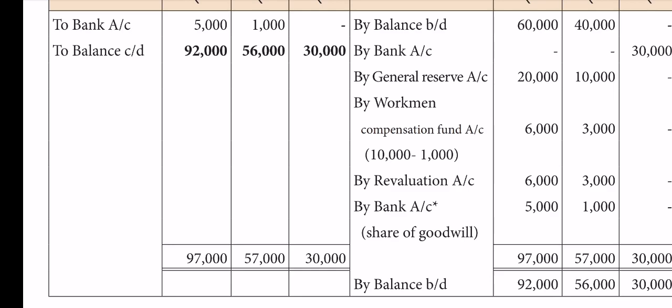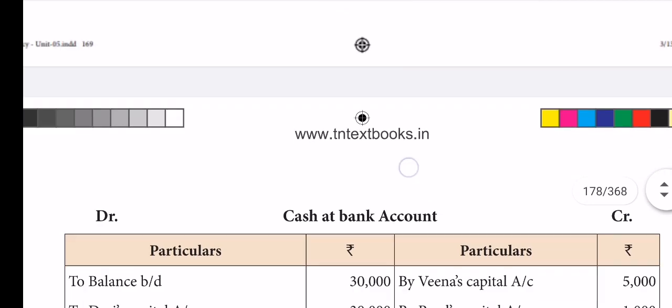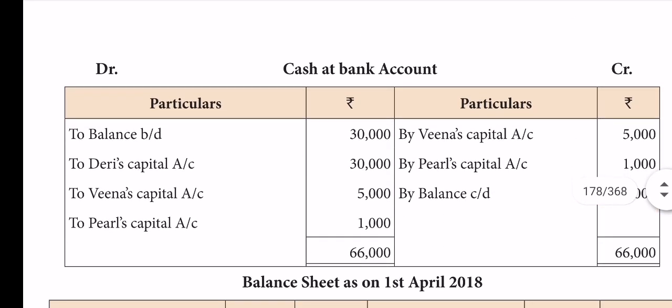Before preparing the balance sheet, we need to open cash at bank. In the balance sheet, the old cash at bank was given as 30,000. Then what they brought as capital: by Venus, by Pierce, we already posted.